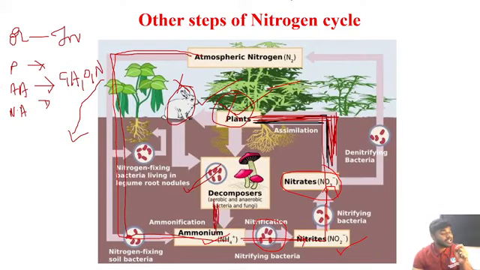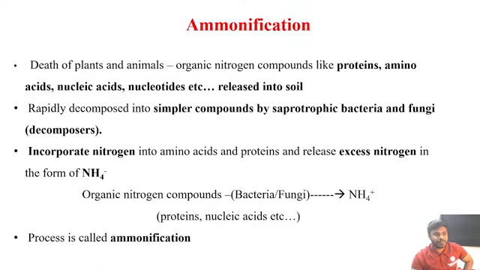So listen to my statements, everyone. Fixing of the excess nitrogen into ammonium, my friends, we will call this process ammonification. Do not forget the statement. What do you call this process? Ammonification.